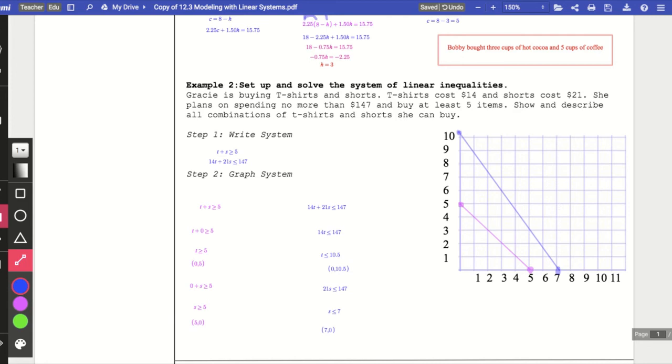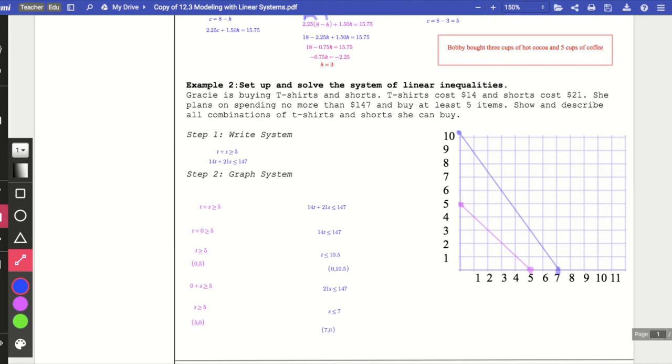Remember, the solution to this system is where the colors overlap. For the first equation, t plus s is bigger than or equal to 5, so I'm going to be shading above that line. So I know my solution area is going to be above this line right here.